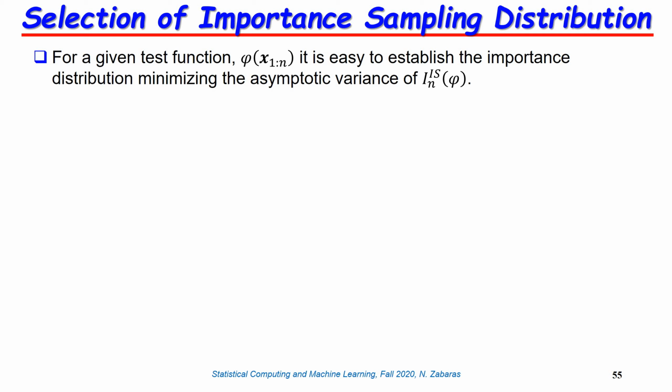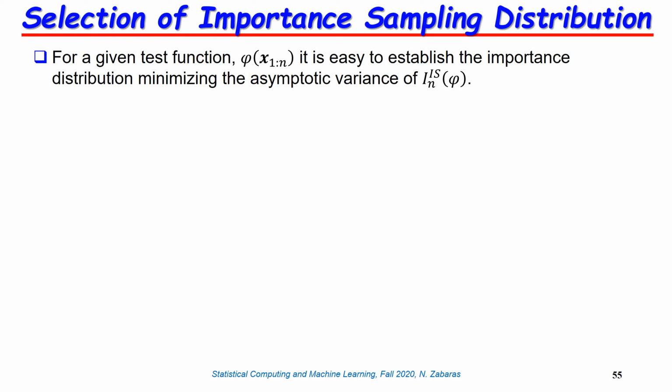So obviously, for the approximations that we saw in the previous slide, we need to find a Q so that the importance sampling approximation is optimal in some way, of course, of defining optimality, maybe in terms of the variance of these approximations.